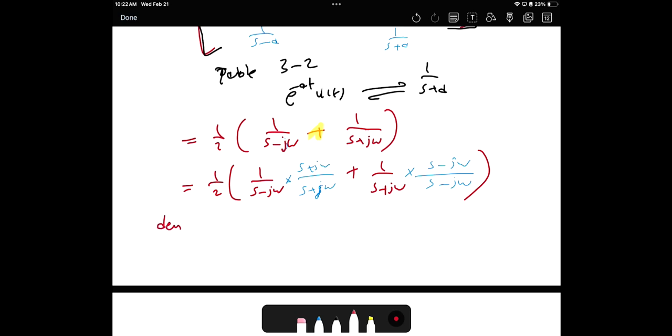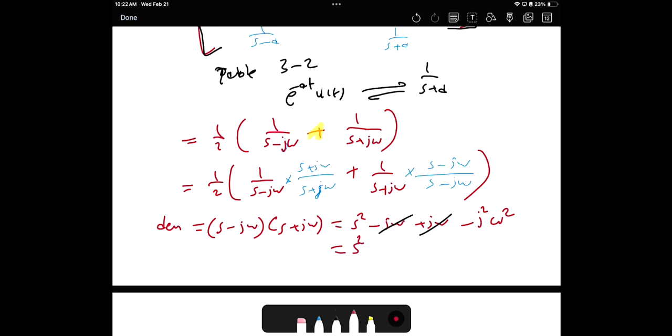By doing the multiplication by the conjugate, what will happen in the denominator? For the denominator, it is s minus j omega times s plus j omega. So it will be s squared minus j omega plus j omega minus j squared omega squared. So j omega and minus j omega will cancel each other.